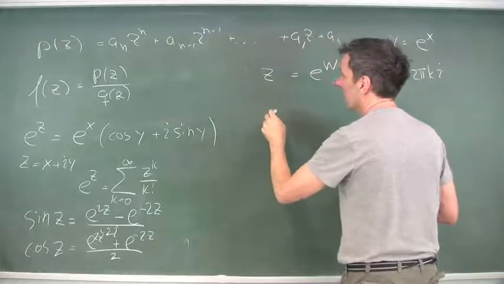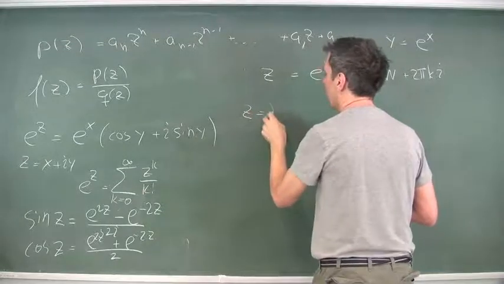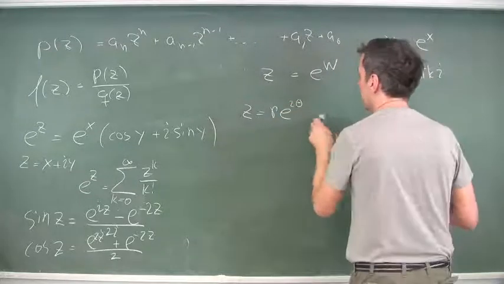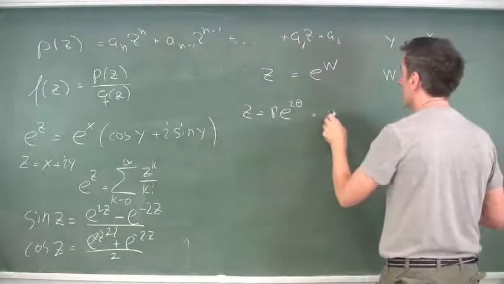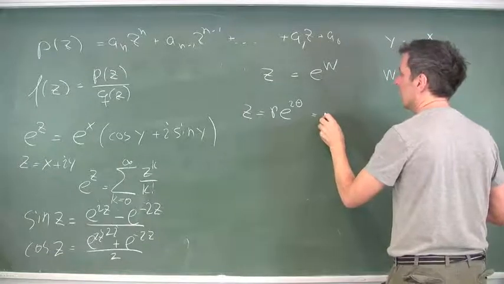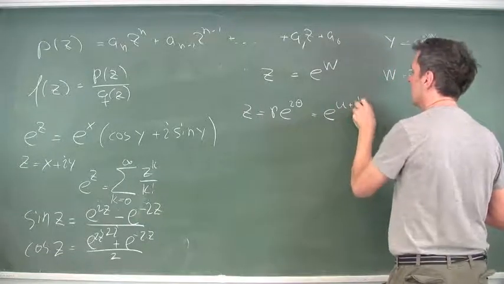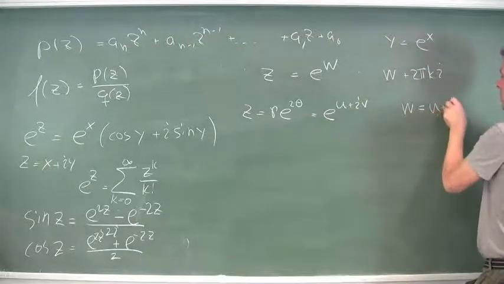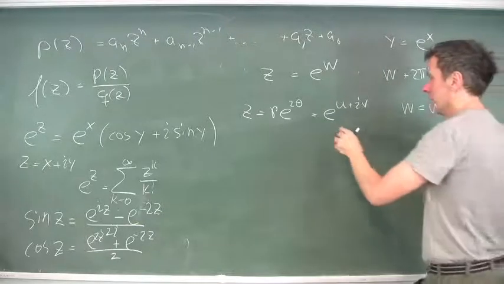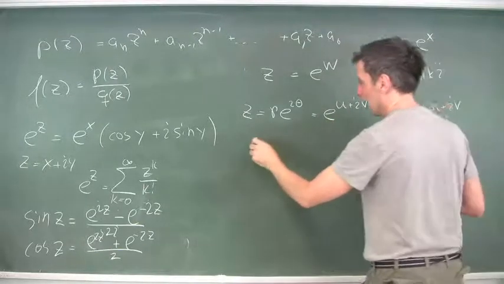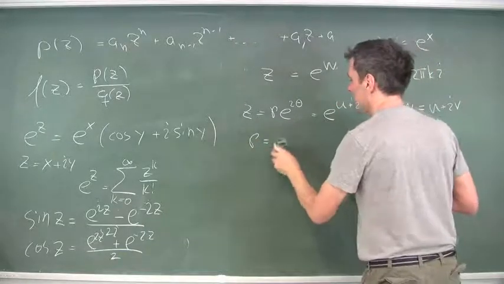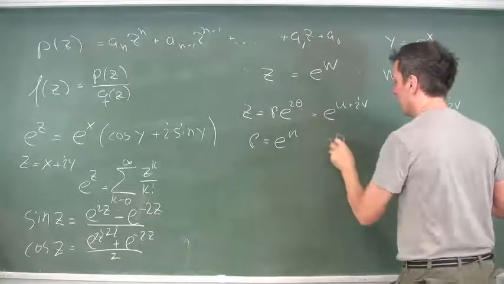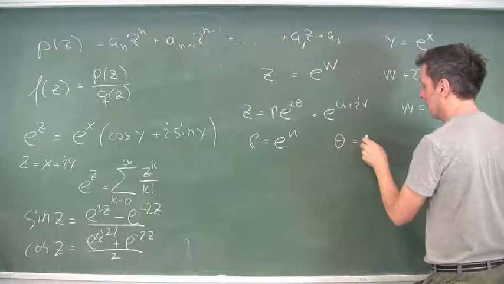If we write z in polar form, like r times e to the i theta, and then put this equal to e to the u plus iv. So we have put w equal to u plus iv then. Then by just factoring this, we see, of course, immediately that r must be equal to e to the power u, and theta must be equal to v.